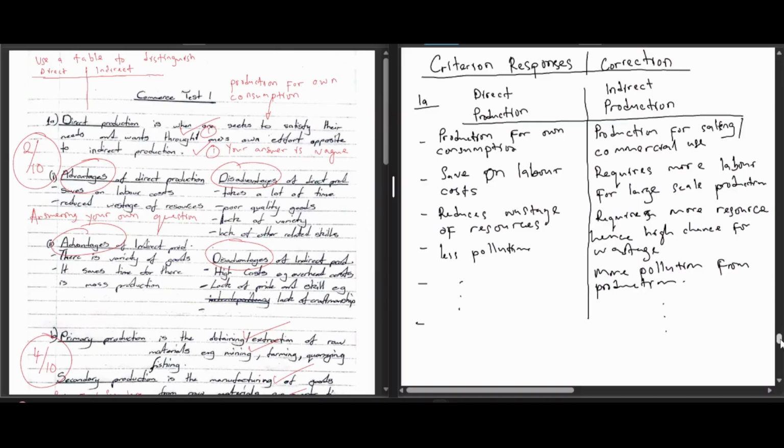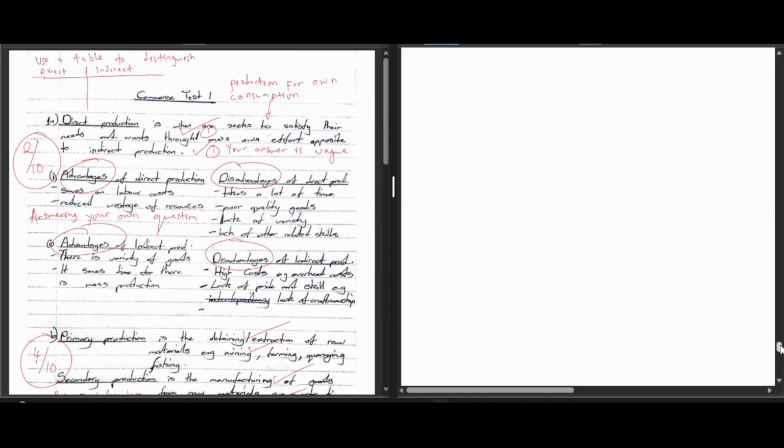Or you can actually do this using paragraphs, meaning under direct production you write the definitions, because the definition is what comes first when you are answering a question to distinguish, or a question that says note the difference, like what we have on number 4.